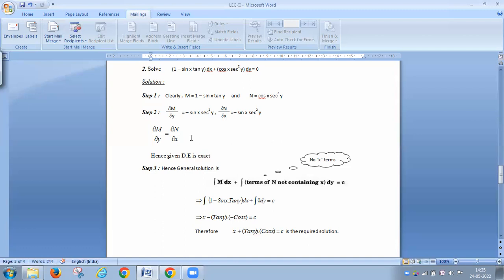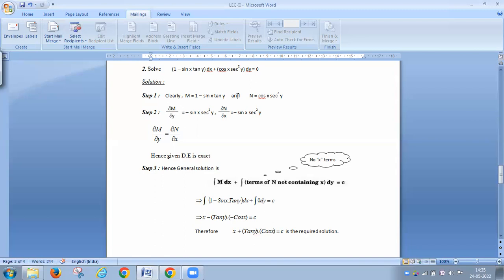Here we are using partial differentiation. While differentiating with respect to y, we will treat x as a constant, because M involves both x and y. We have to use partial derivatives to differentiate with respect to y.